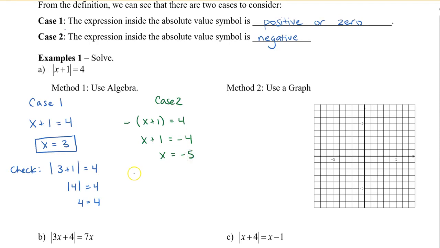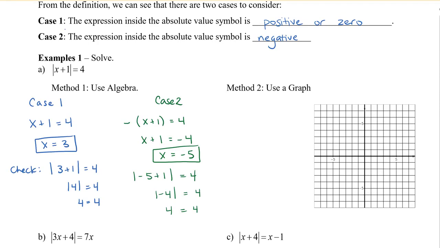So let's check this answer. So we have the absolute value of -5 plus 1. And -5 plus 1 is -4. And the absolute value of -4, it is indeed positive 4. So 4 equals 4. And there is my second solution.